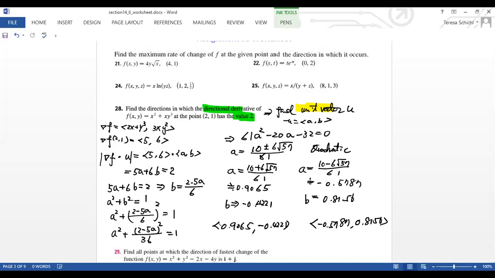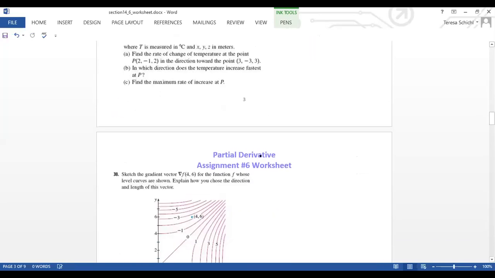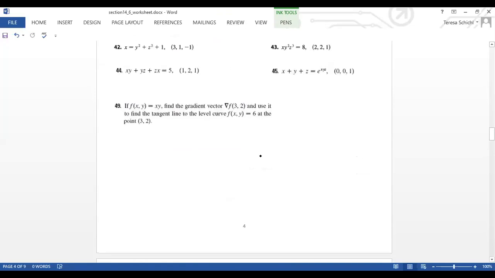Okay, so now let's take a look at the next problem. The next unique problem is number 49. We have a function z equal to xy. Find the gradient vector.